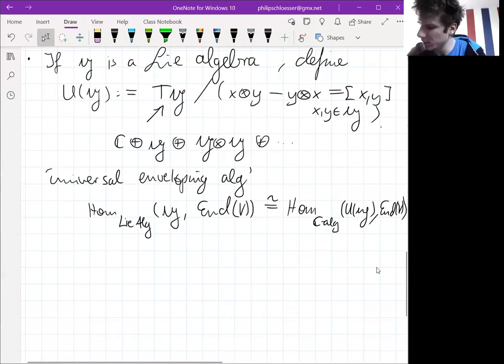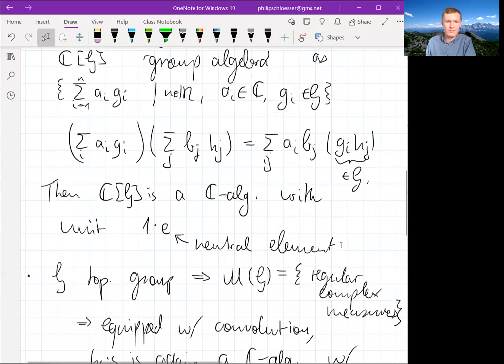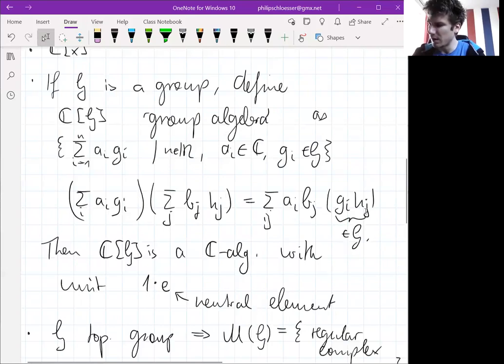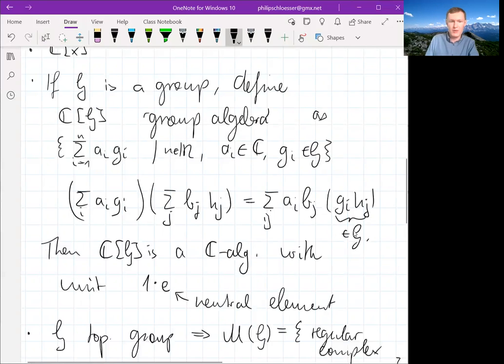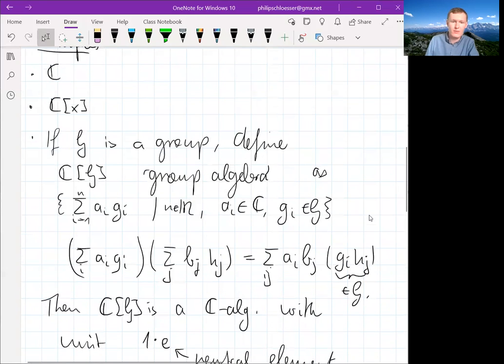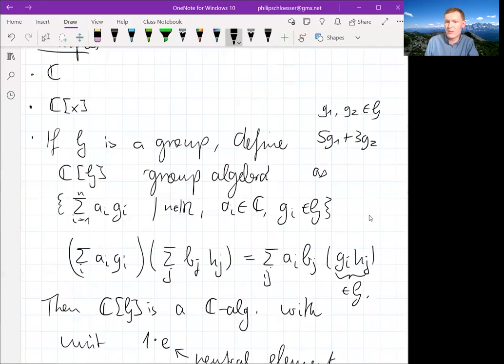I'm sorry, I also have a question. It's about the group algebra. Yep. Normally I'm only used to the fact that group elements can be multiplied, but you said that an algebra is a vector space. Yes. How does addition work? Addition works just by adding the coefficients. If G1 and G2 are elements of your group, then 5G1 plus 3G2 would be an element of that algebra.